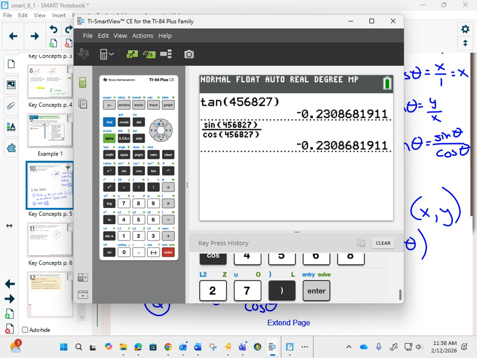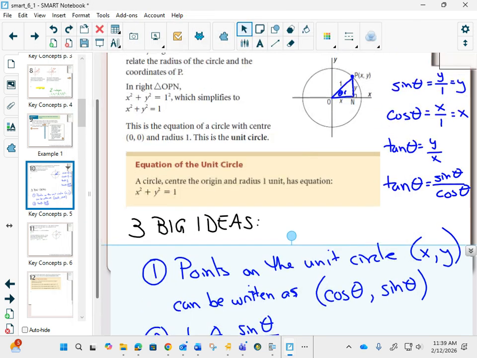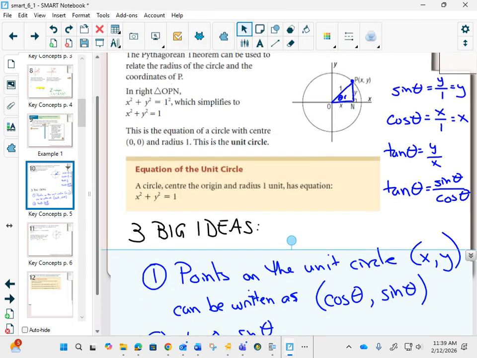No matter what number you put in there for the angle, comes out the same every single time. And that's based on this picture that we drew, right? Because tan is y over x, and on the unit circle, sine of theta is y and cos of theta is x. I can replace the y with sine of theta, the x with cos of theta, and I get the big idea.